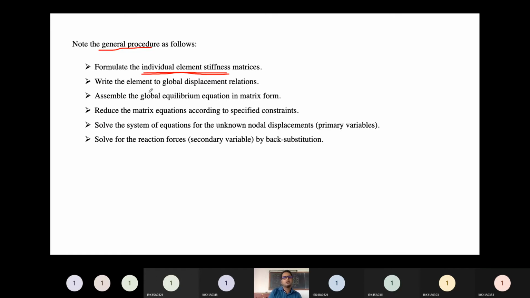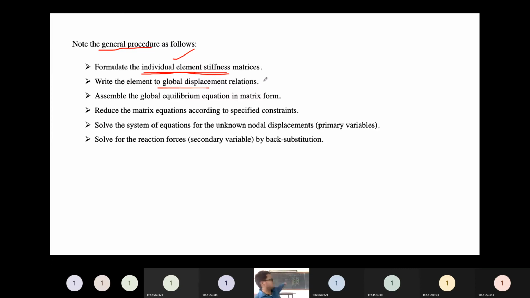Then based on that, you have written the global stiffness matrix. Here it is written as the global displacement relation, F equals Kx. So after writing the individual element stiffness matrices, you wrote the global stiffness matrix and put it into the global displacement relation.